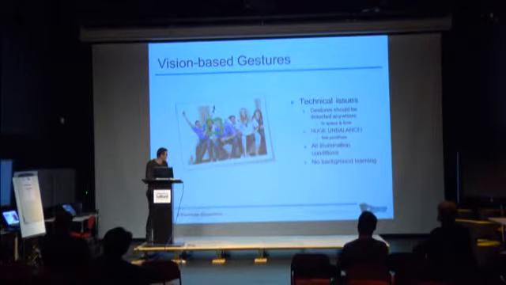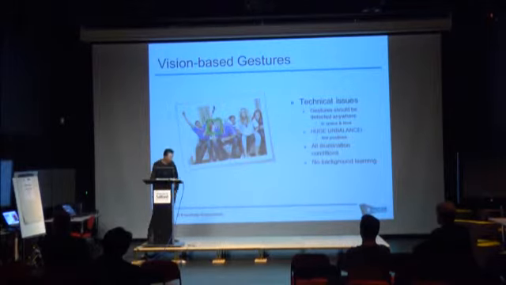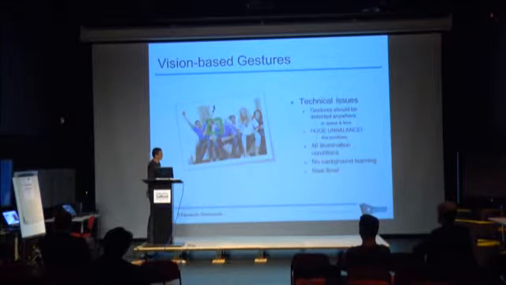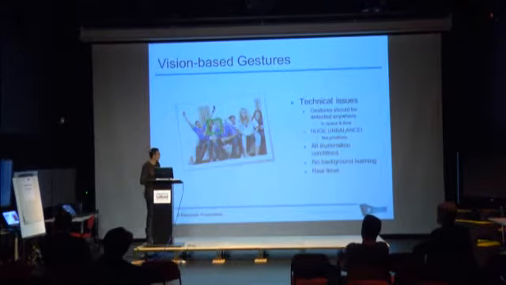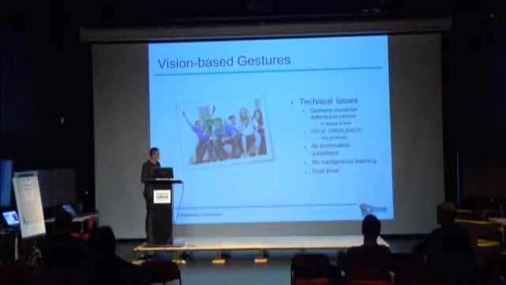So one of the nicest things is to try not to learn the background and work straight away in every place. And of course, if you're dealing with interaction, you need to do it in real time. You cannot wait a couple of seconds, 3 seconds, to understand the gestures. It has to be instant.